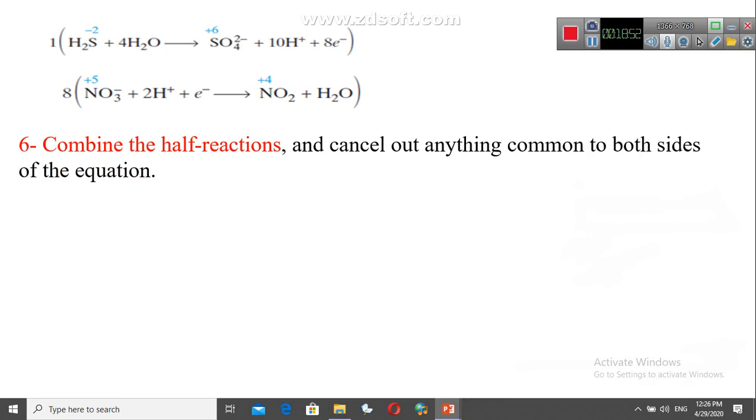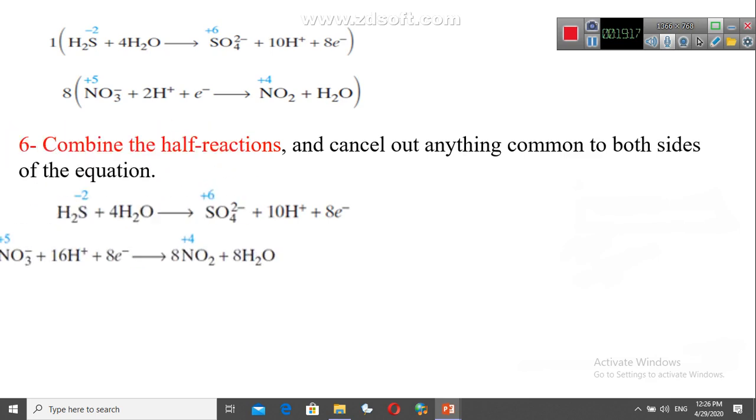Then in step number 6, combine the half reactions. After multiplication, combine the half reactions and cancel out anything common in both sides of the equation. After multiplying equation number 1 by 1, the equation became like the following.